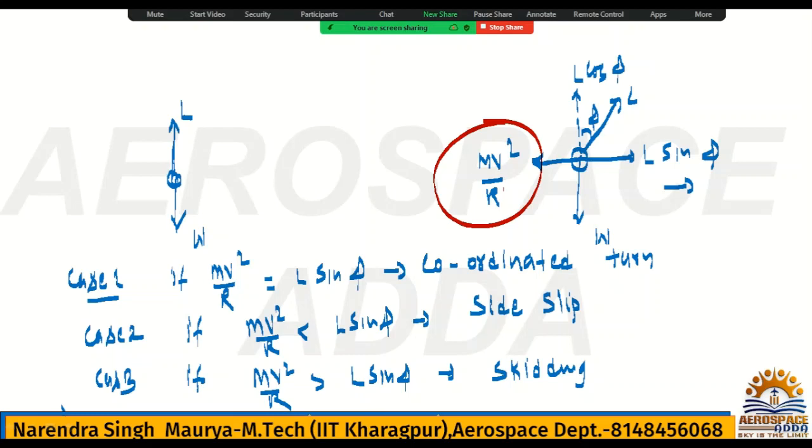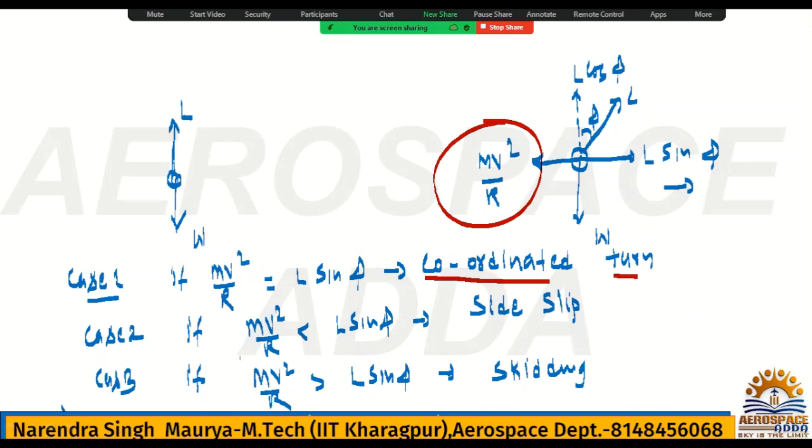Now I will draw one more diagram so it will be more clear to you. If mv square by r is equal to L sin phi, then only it is a balanced force, and if it is a balanced force, then it is called a coordinated turn.